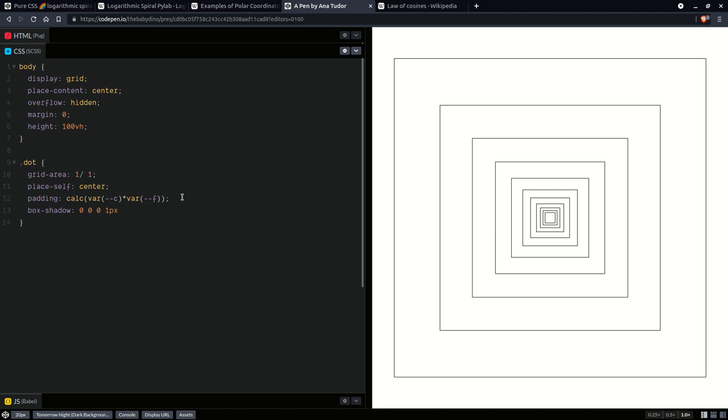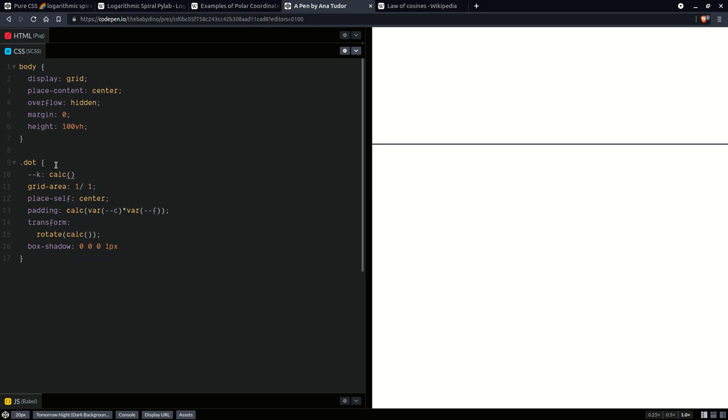Okay, now we are going to set transform, and as I said, we're going to have rotate, and our rotation is going to have two components. One is going to depend on the arm, and this is basically the arm progress, and it's going to be the arm index i over k, the number of arms.